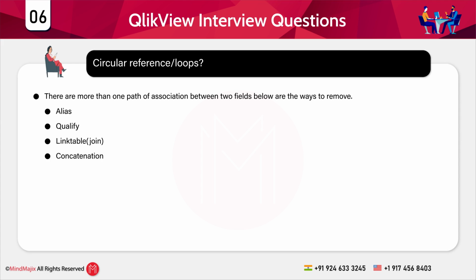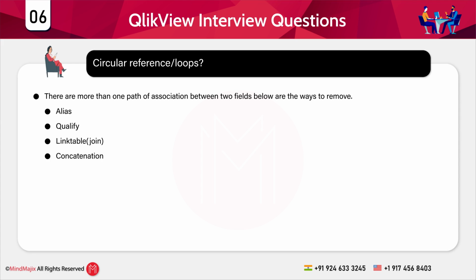If it forms between three tables, suppose table A has a key which joins table B, and table B has a key which joins table C, then ultimately we can also refer the data of table A to table C through table B. But if table C is again connected with table A, in that case there would be a circular reference, or loop, and an infinite loop will be created.